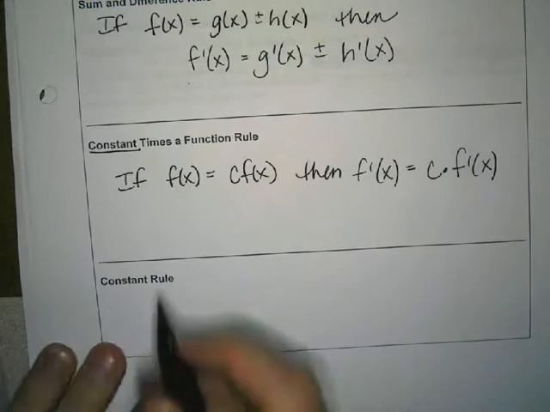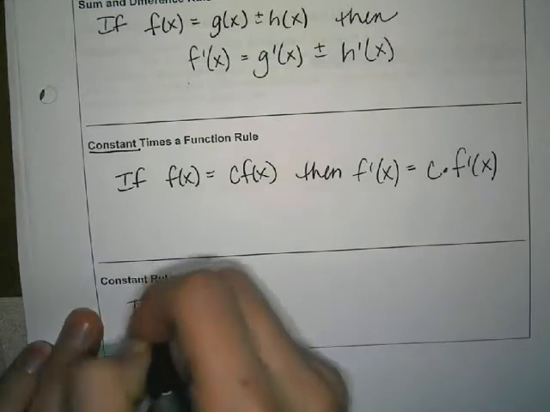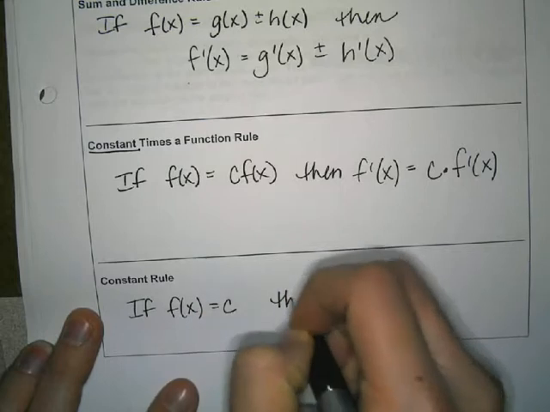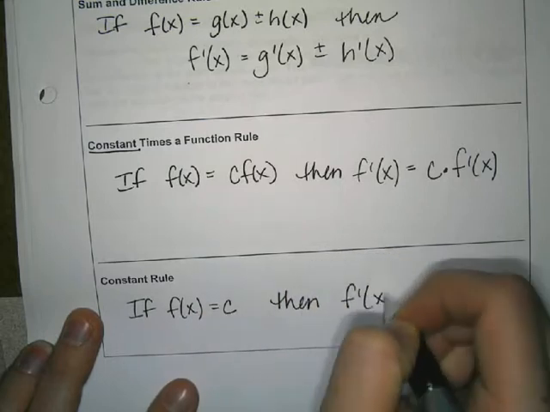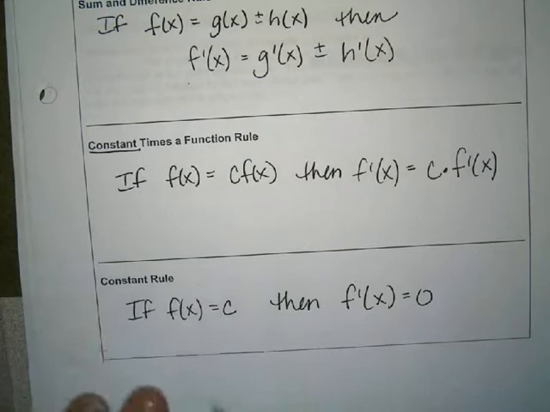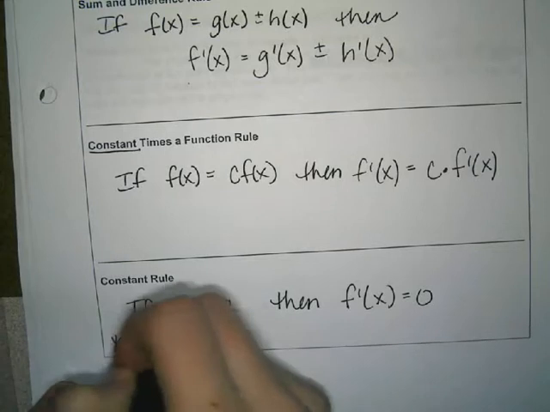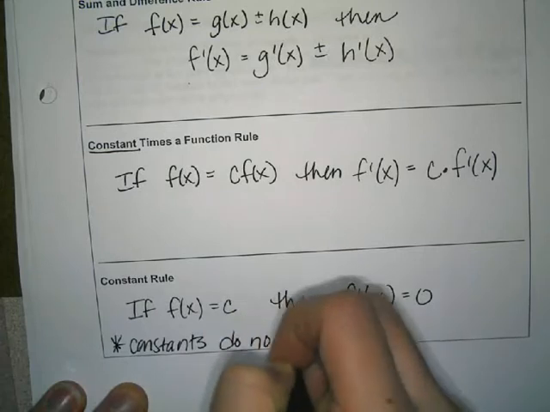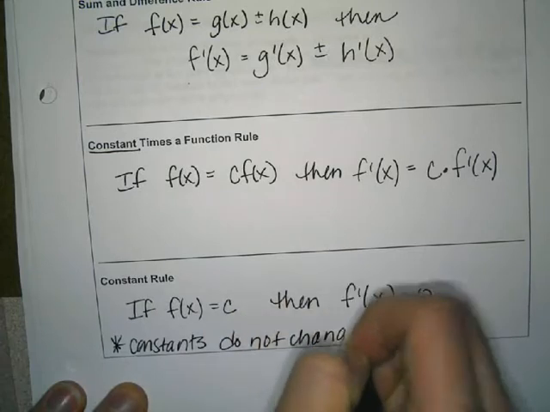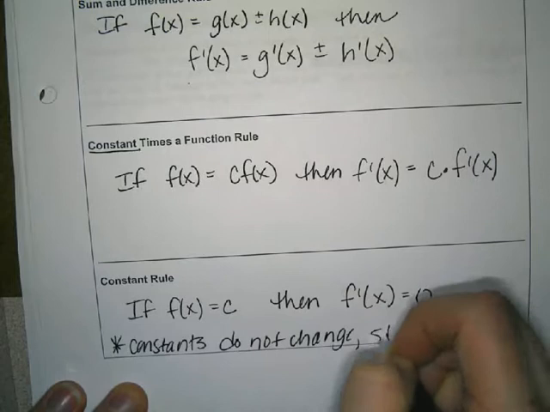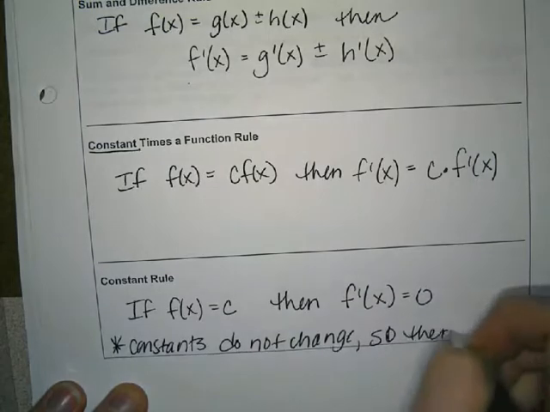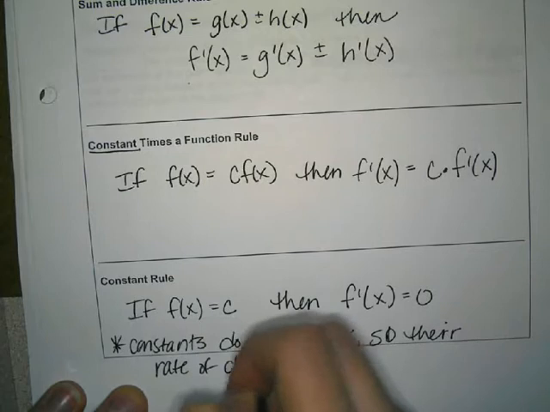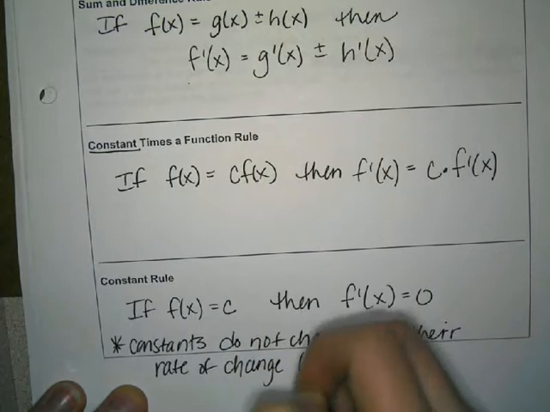Okay. The last one, constant rule. If f of x equals c, then f prime of x is 0. The reason for this is that constants do not change, so their rate of change, or their derivative, is 0.